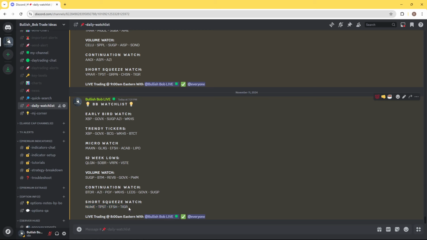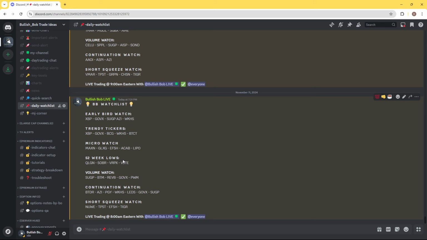Now, typically, this is not something that I love to hold on to, depending on the chart layout that we have. And again, that's the whole point of this, guys. The point of the watch list here is to really break down stocks to watch for the next day and really to see, is there any value there? Is there something there that's maybe fitting the strategy that I love to trade? Is there something out there that's, we're just waiting on volume. We're just waiting on that percentage change.